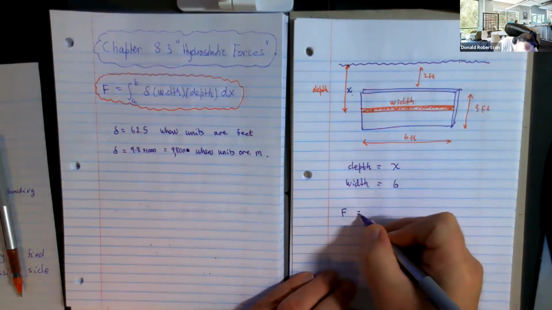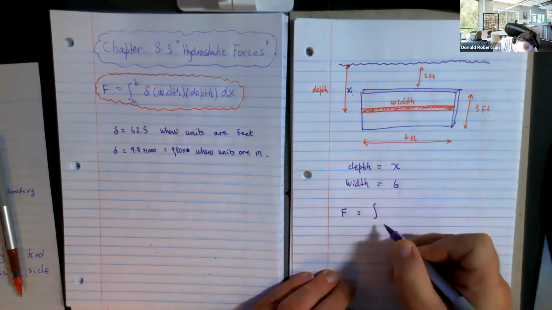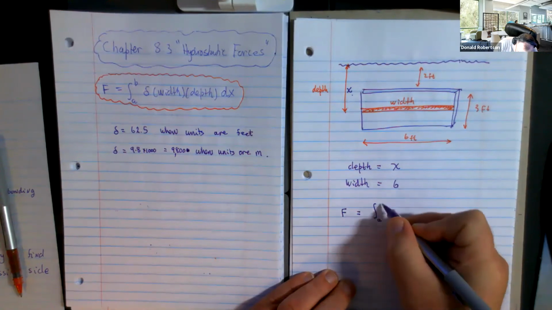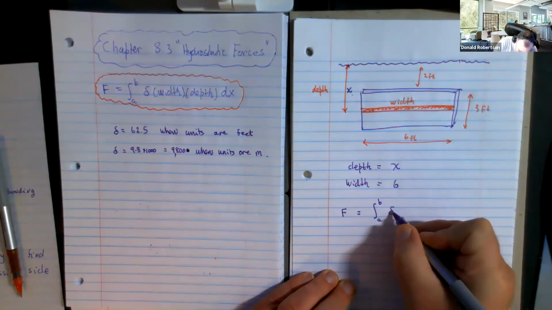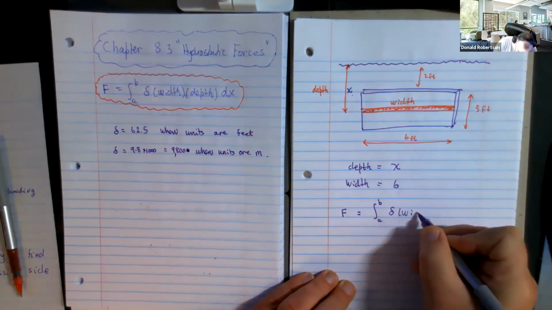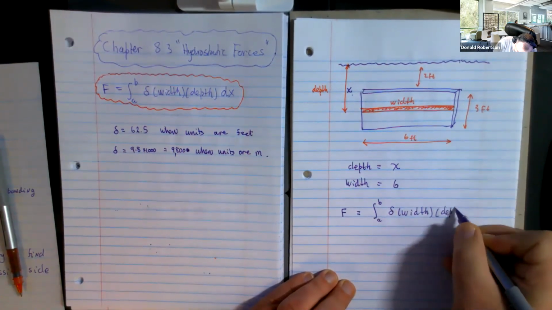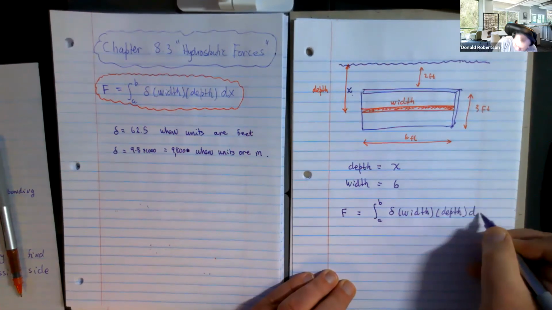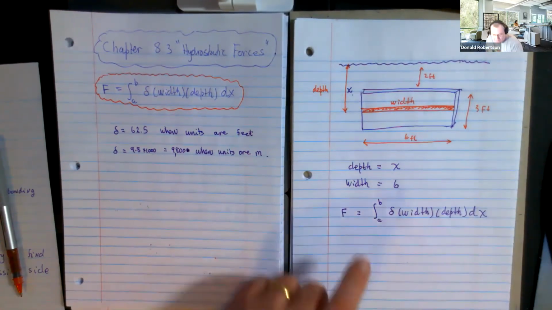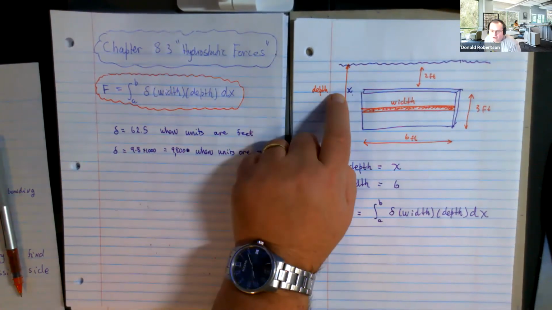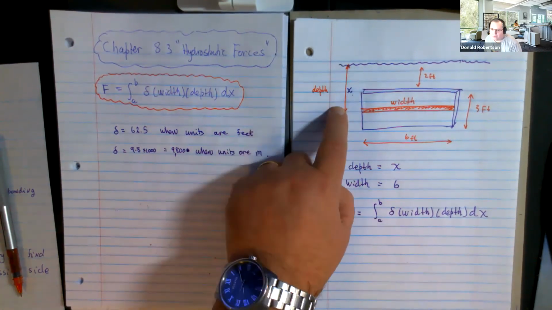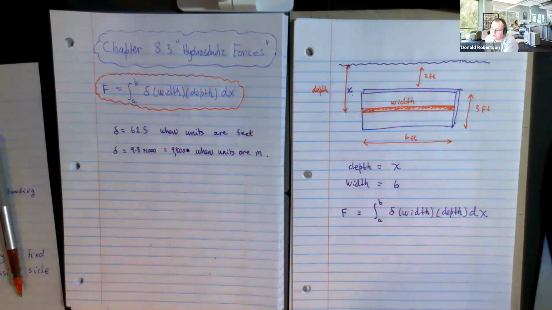The hydrostatic force then will be the integral from a guy called A to B of delta, a width, a depth, and we're using x. Oh, by the way, in some videos that you might watch or some other textbooks, they sometimes call this distance y instead of x.